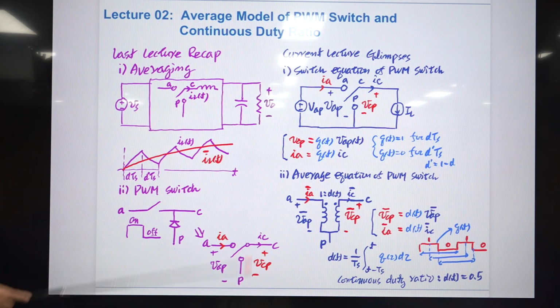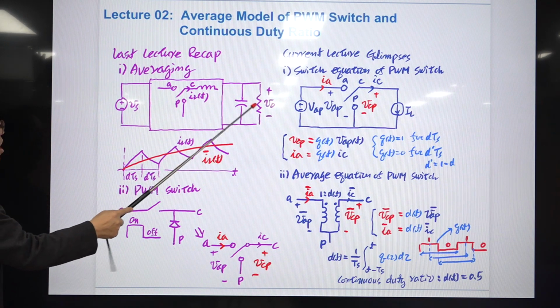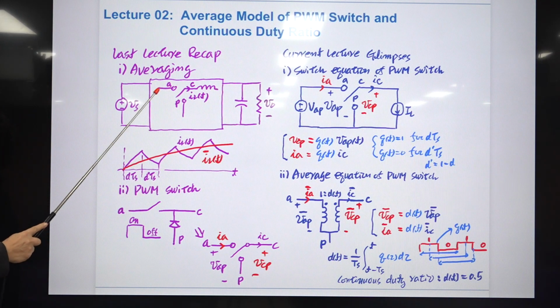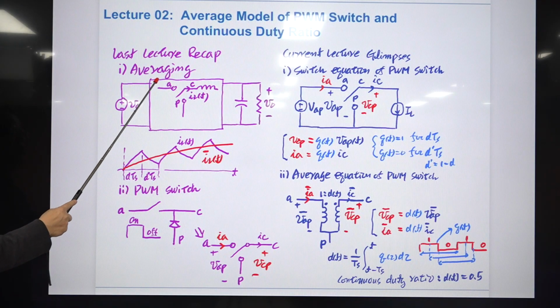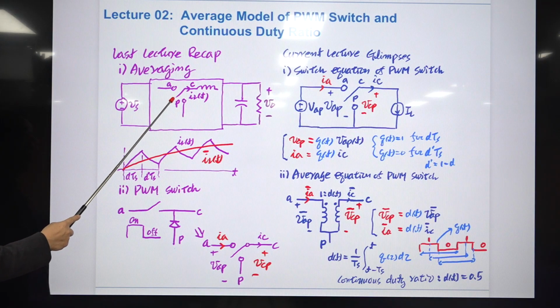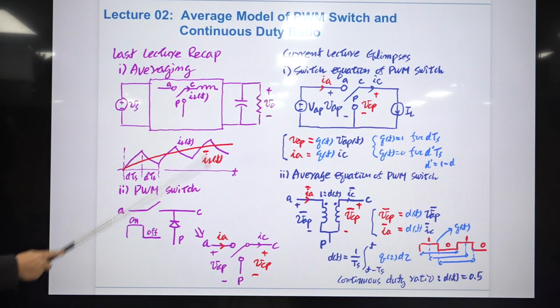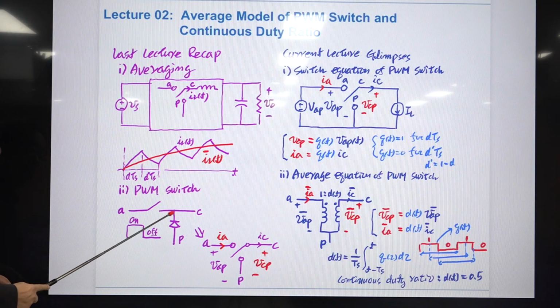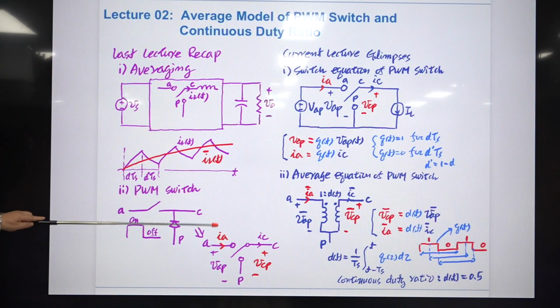So we don't have to worry about these linear time invariant components, and we are only concerned with this active switch and passive switch. Okay, so we take them out and we draw the active switch here and the passive switch here, and we name them the PWM switch.